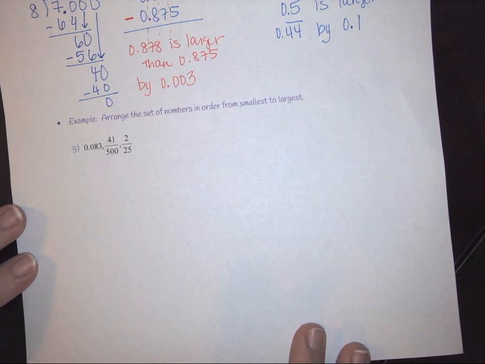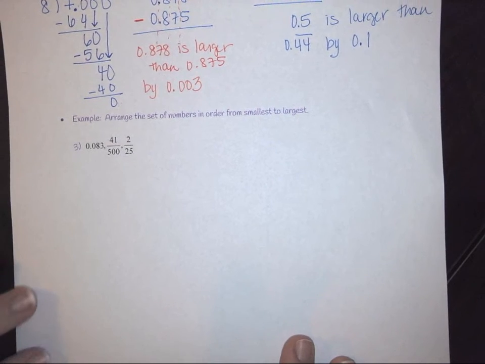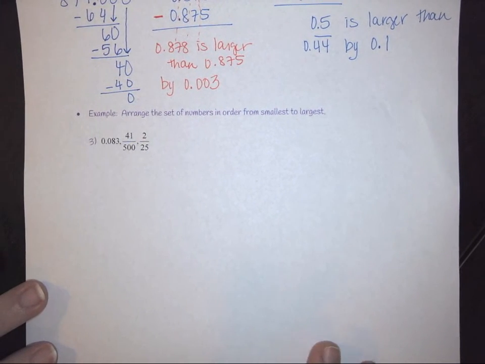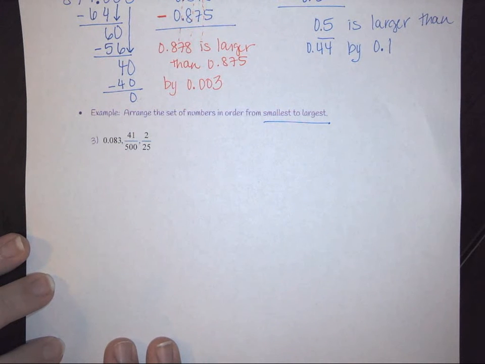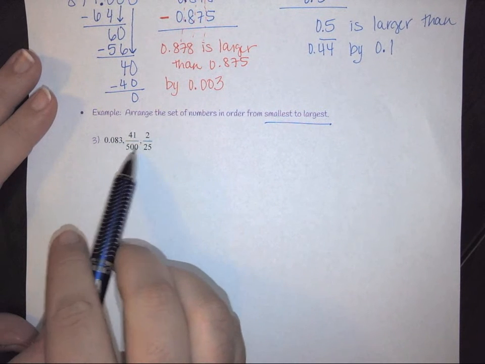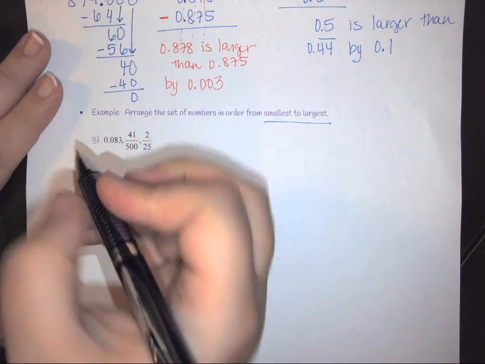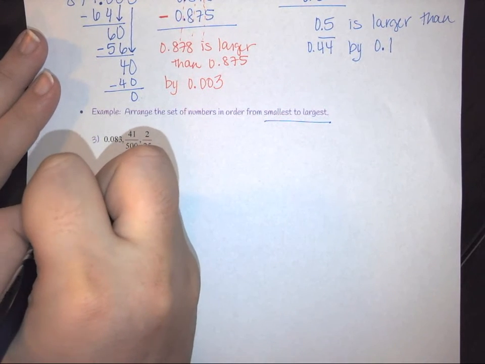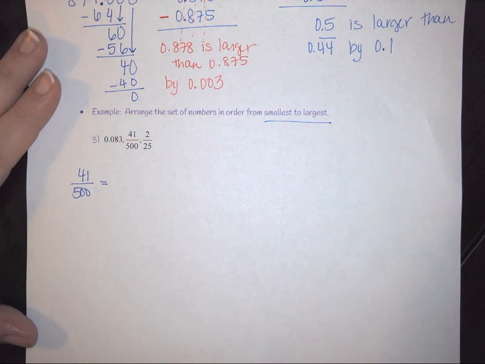Now another way that we can run comparisons is we can simply arrange them in order, in this case from smallest to largest. And notice two of my numbers here are fractions. So the first thing that we want to do is look at what 41 over 500 is in decimal form.